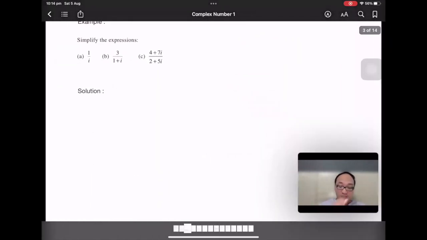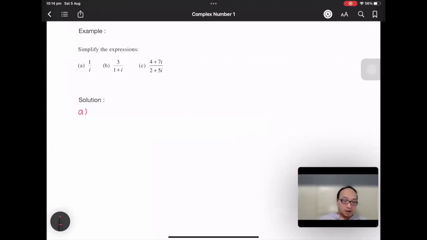Here, we have 1 divided by i. To remove the i, we have to multiply it by i over i. So this equals i over i squared. Since i squared is -1, it's negative i. For B, 3 over 1 plus i, we have to multiply by the conjugate, so 1 minus i over 1 minus i.